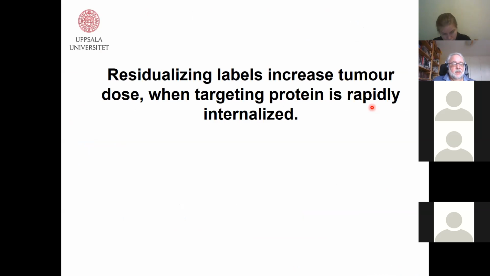A good example is somatostatin analogs like octreoscan, like TOC, tyrosine octreotide. It's useless to label them with iodine. It will be gone, because those variants are agonists which are rapidly internalized. We did an estimation for an antibody, for example the anti-HER2 antibody trastuzumab.